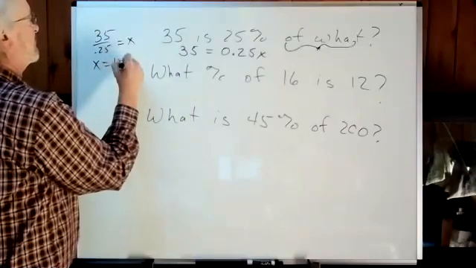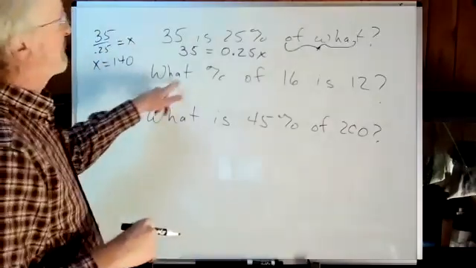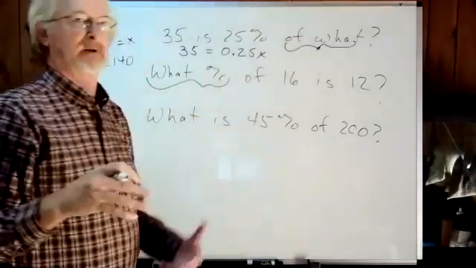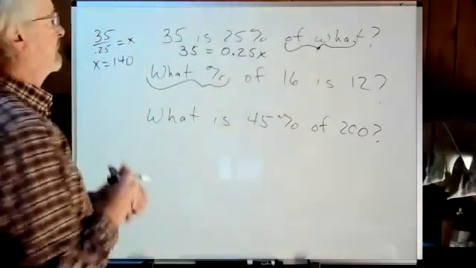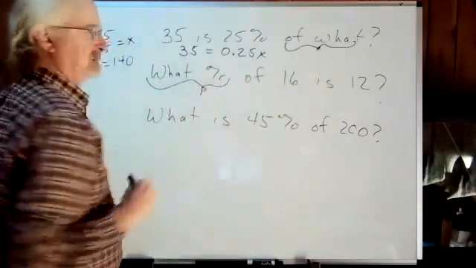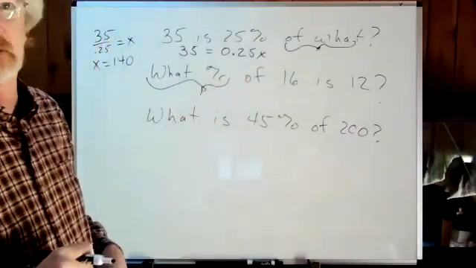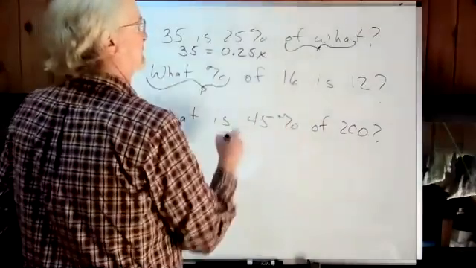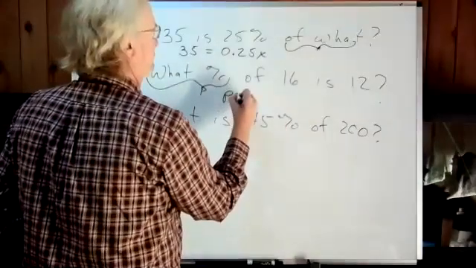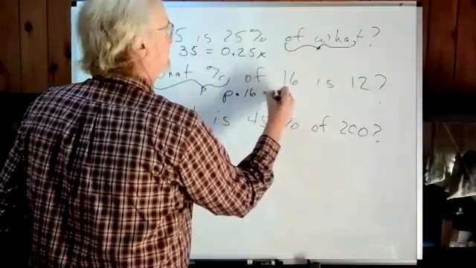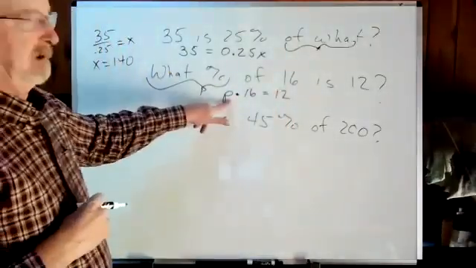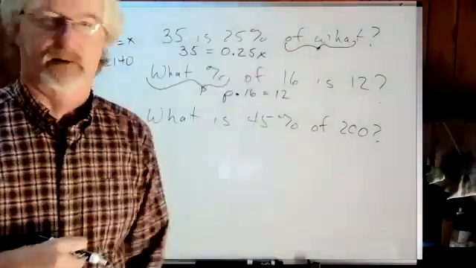All right. What percent? So there's what we're looking for. We're looking for the percent. Just because that's the one that's kind of different, I usually present it with a P for the percent. What percent of 16? Some percent of 16 is 12. What part of 16 gets you 12? All right.